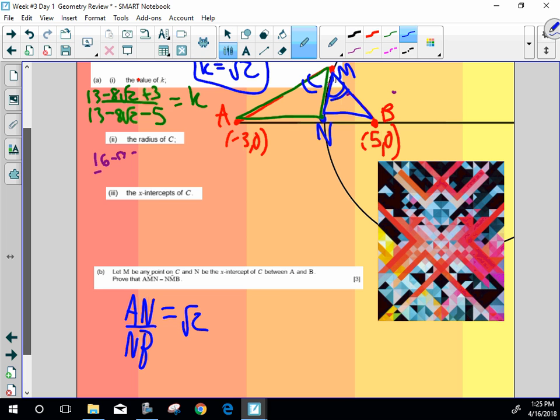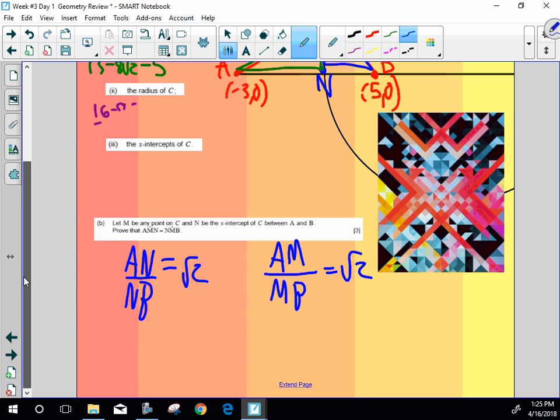And what will AM over MB be equal to? Also the square root of 2. So AN over NB is equal to AM over MB, since square root of 2 equals square root of 2.